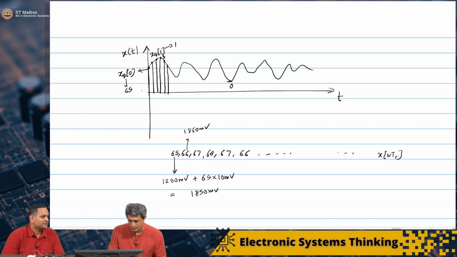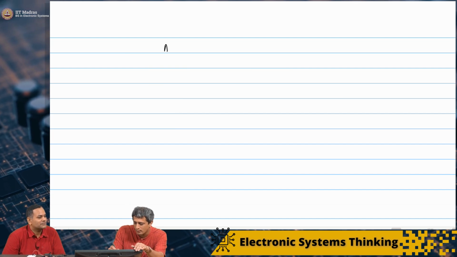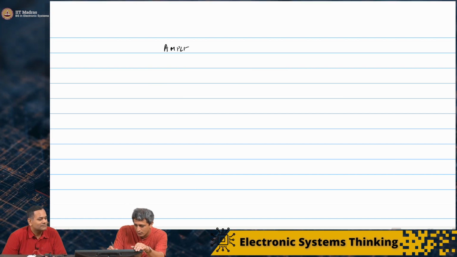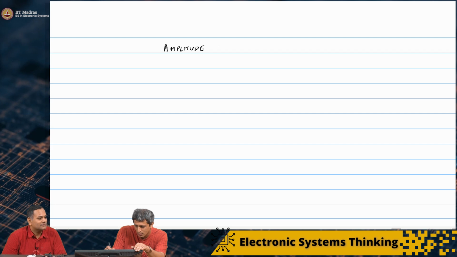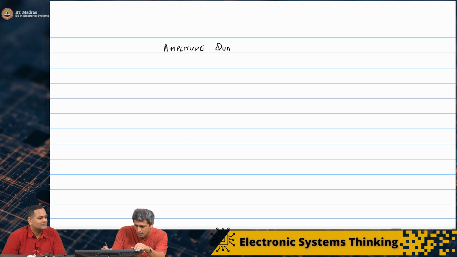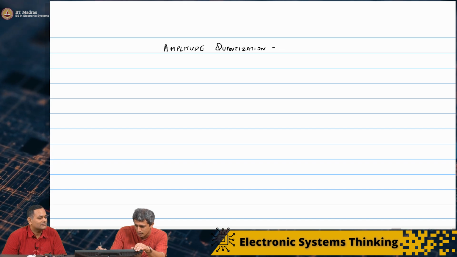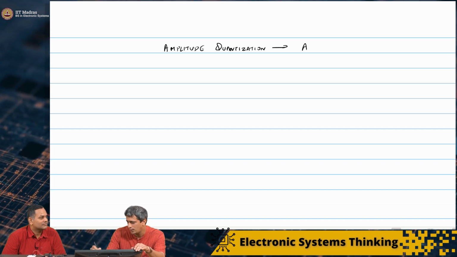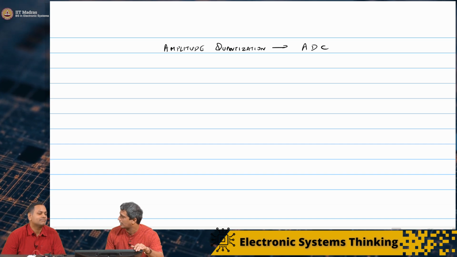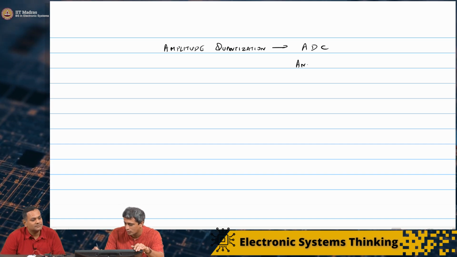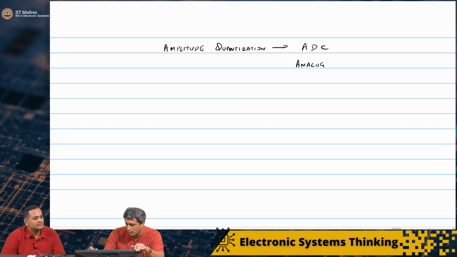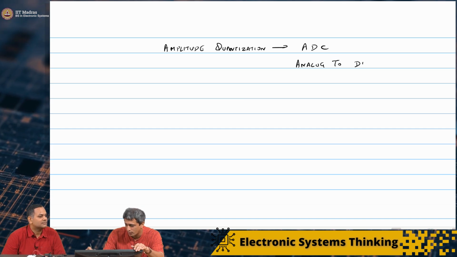So the amplitude quantization is what they call the ADC, analog to digital conversion.